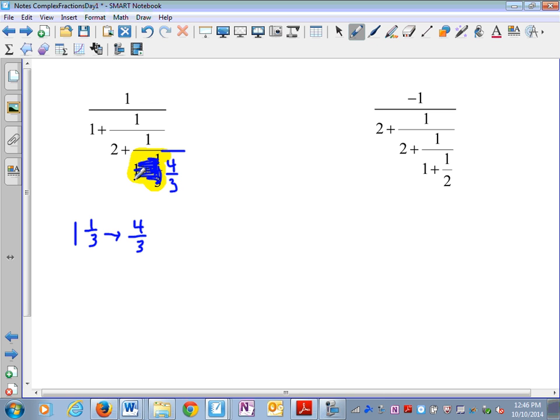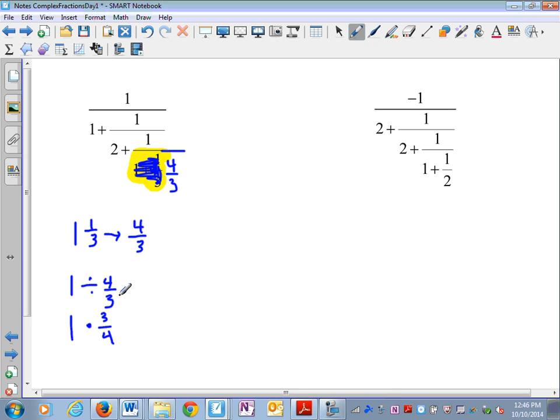Now you look over to the left, there's nothing else that needs to be simplified, so we're going to look up. And if you look here, we've got 1, then your fraction bar, and then 4/3. So if we were to write that out, it's 1 divided by 4/3. And we know our rule for dividing fractions is keep the first one, change it into multiplication, flip the second one, because we want to multiply by the reciprocal.